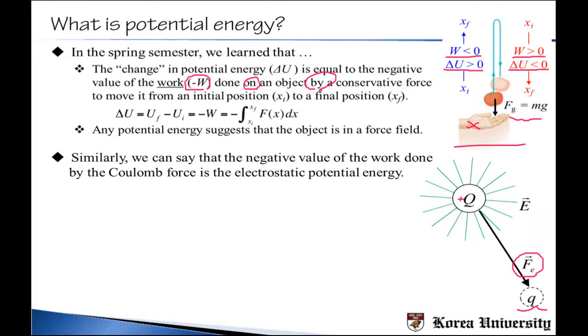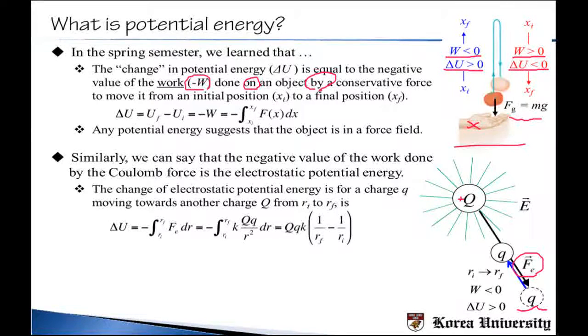Again, it's the same situation. This charge is in a force field, and suppose this charge is moving from an initial position to a final position. In this example, you can see that the charge is moving in the opposite direction with respect to the Coulomb force. Therefore, during this motion, the work done by the Coulomb force will be negative. So the potential energy of this charged object will increase. So that is the situation.